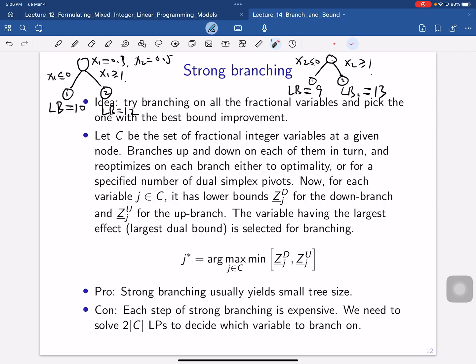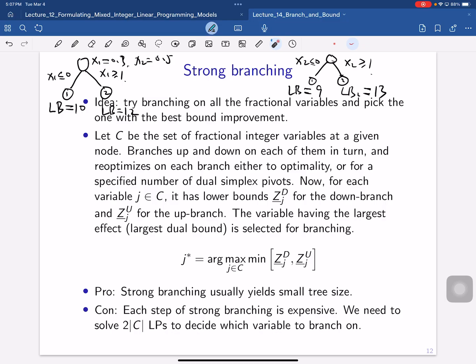You see, the lower bound when you branch on x1 is 10, because you are taking the minimum of the lower bounds. And for x2, the minimum of the lower bounds is 9. So if you branch on x1, it gives you a tighter lower bound. You want to improve the lower bound as much as possible, so you want to branch on x1.